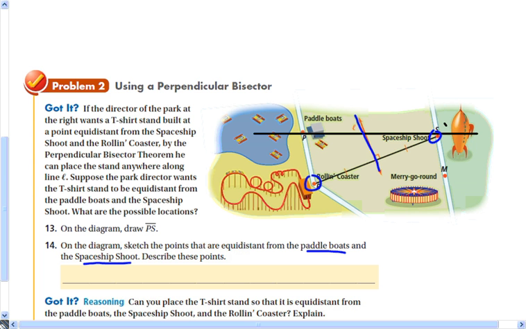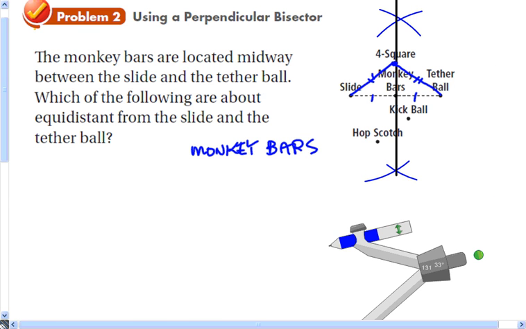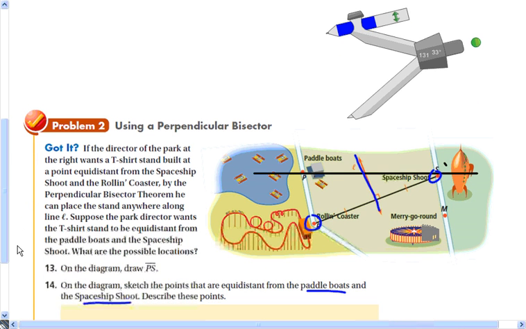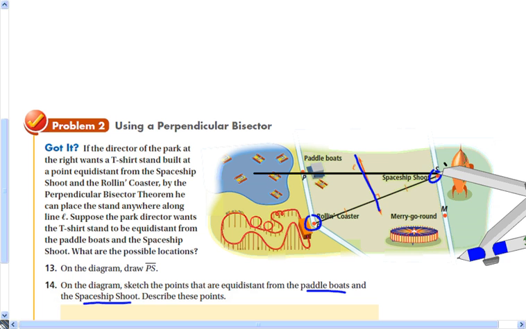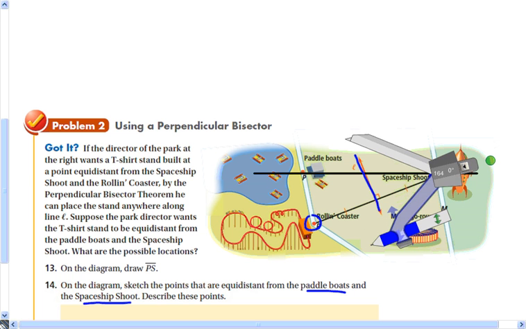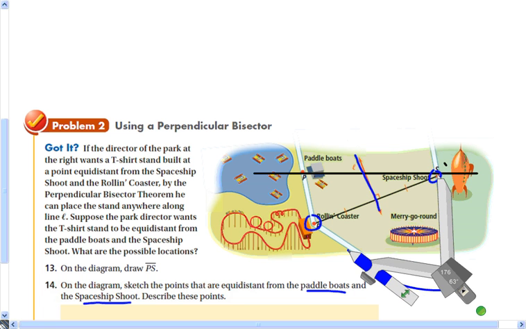So we need a compass. My compass from earlier. I'm going to draw that and spread this up a little there. Okay, so draw that line.